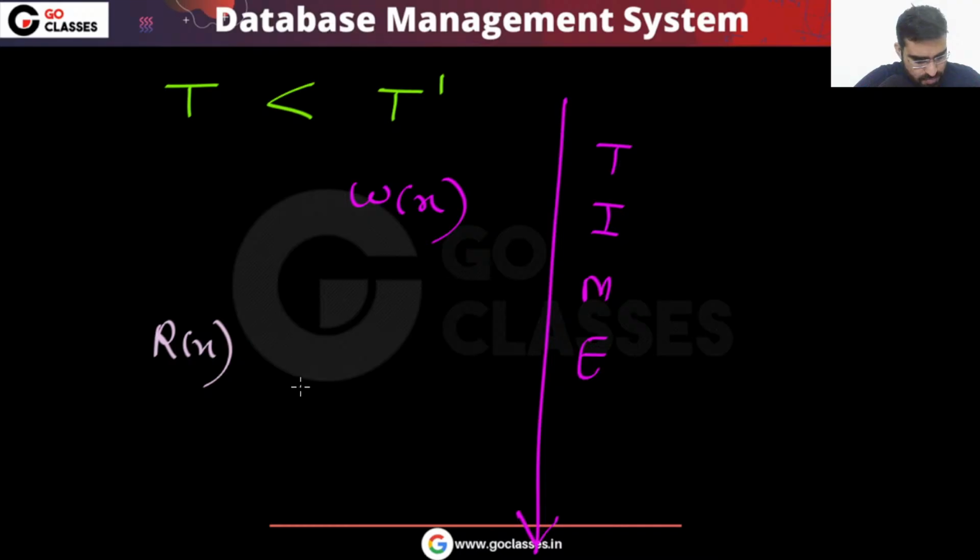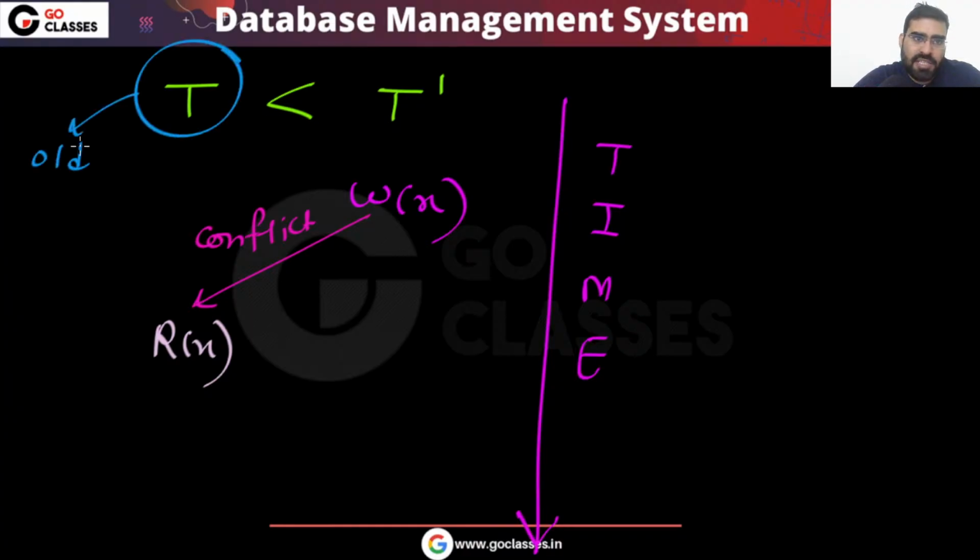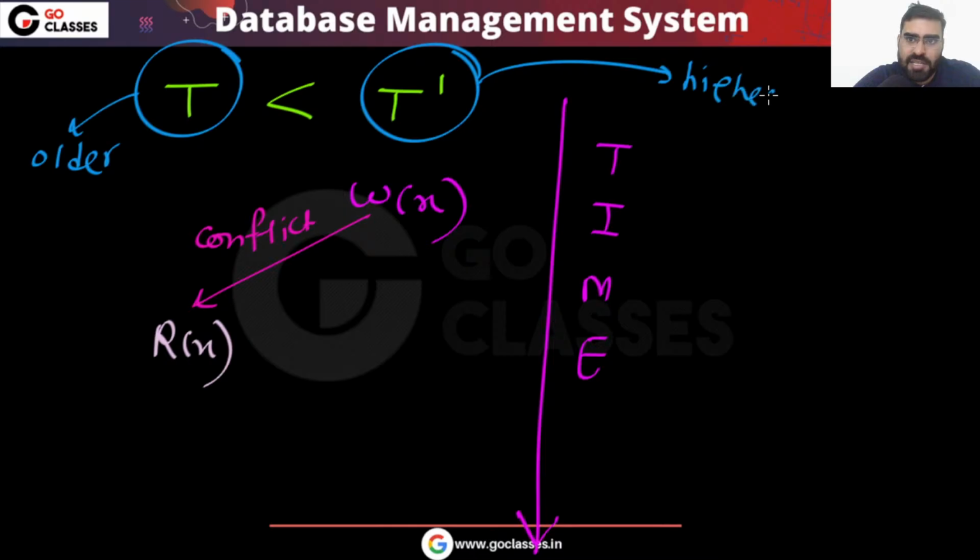Are you getting my point? This is a conflict, and the transaction T is older, because you can notice this transaction T has a higher timestamp. Okay.